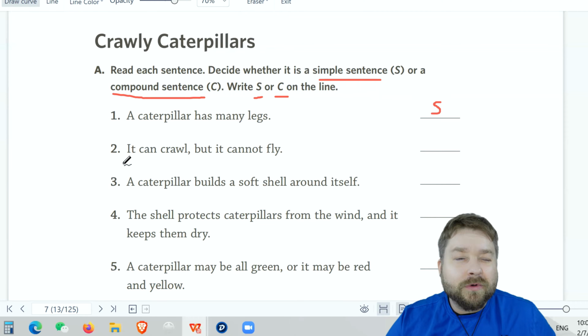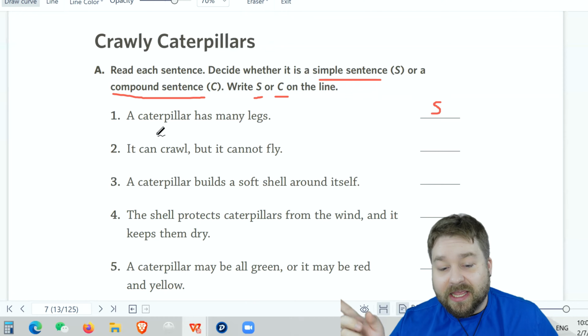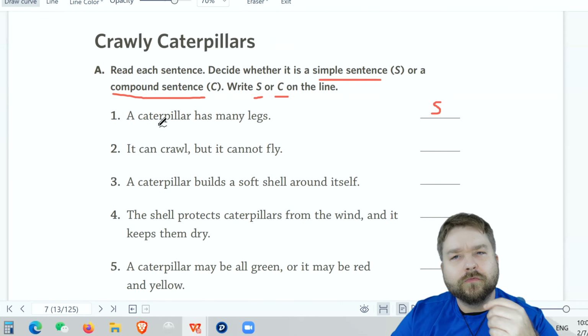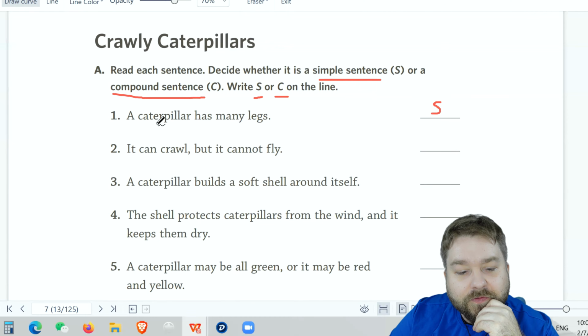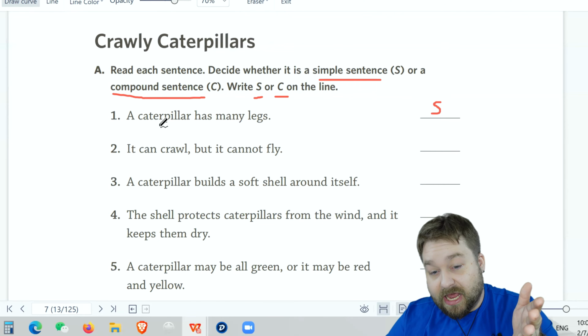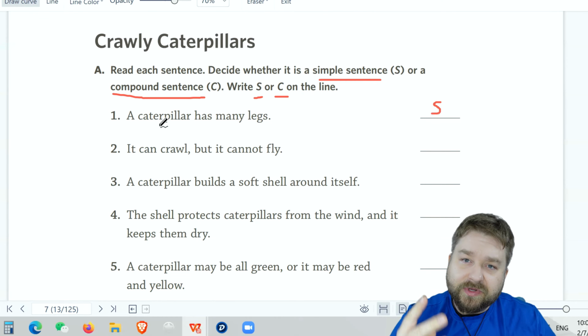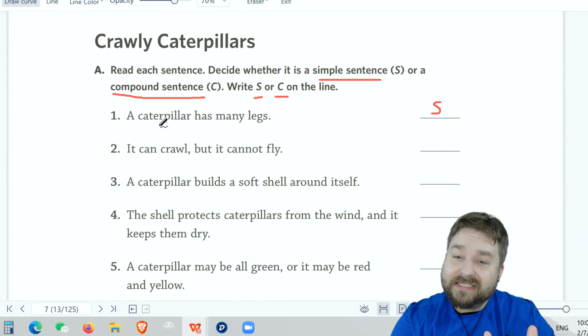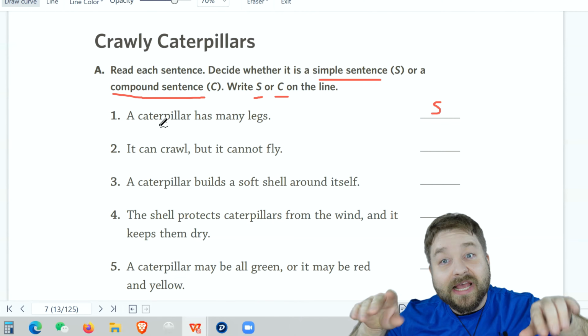Let's look over here. Number two, it can crawl, but it cannot fly. Is that the same as the first one? The first one we just said, a caterpillar has many legs. But number two, we said, this is this, but this is that. You see that? There were two opposites.